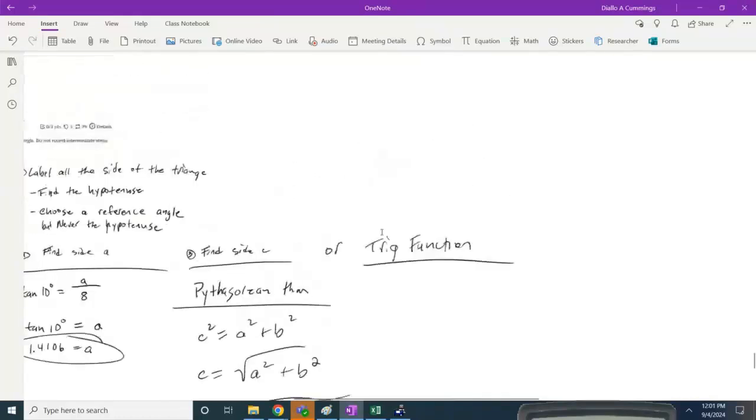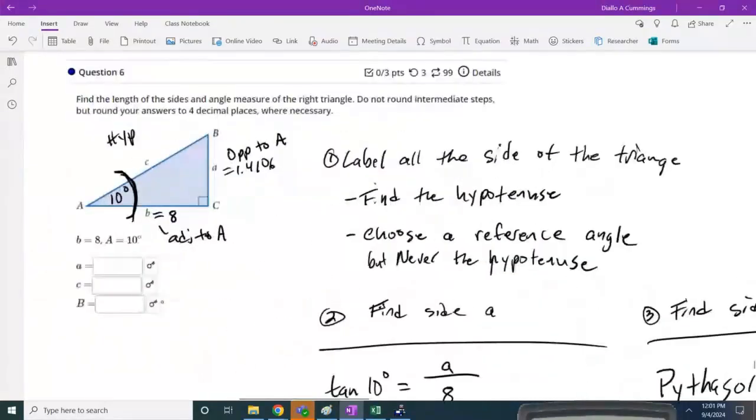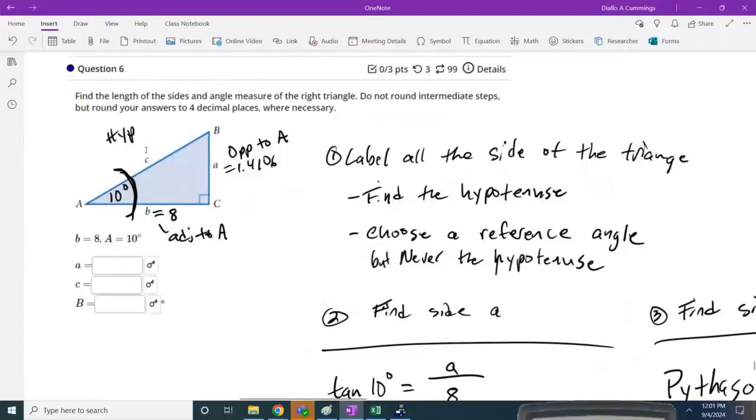So if I go back and set up another trig function, notice that I want to find side C, which is the hypotenuse. I'm staying away from this rounded stuff, so I'm going to use the adjacent side because they gave us that it was 8, and I'm going to use my 10-degree angle. What trig function has an adjacent and a hypotenuse?